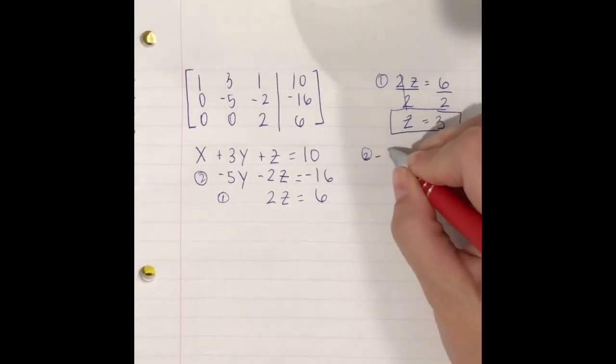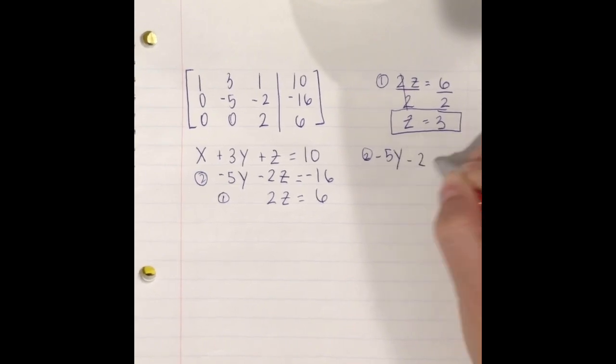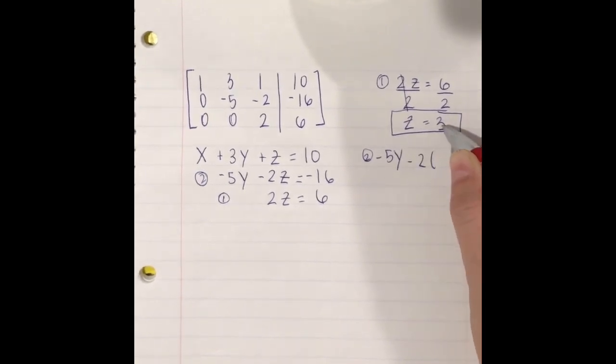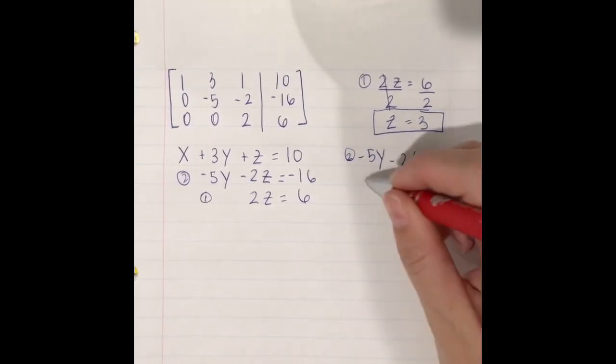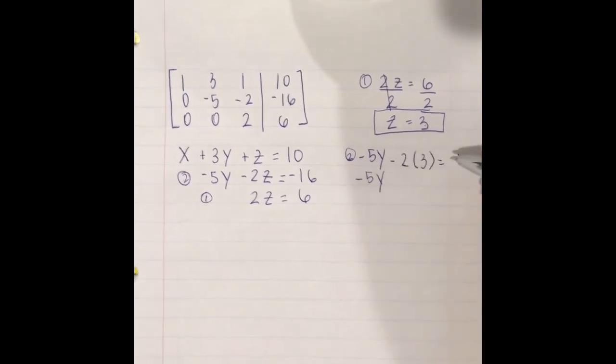So I have negative 5y minus 2 times, putting 3 for z, equals negative 16. And we solve. So I'm going to start by multiplying out this and just leaving everything else how it is. Negative 5y. A negative 2 times 3 is a negative 6 equals a negative 16.